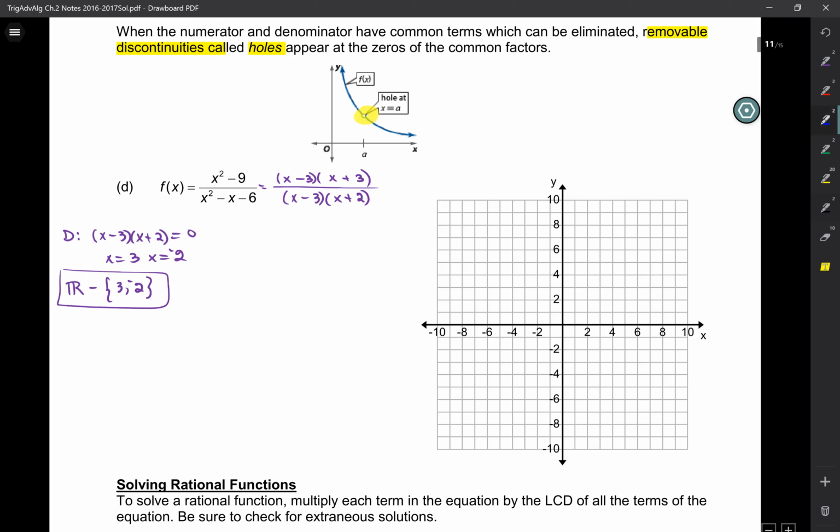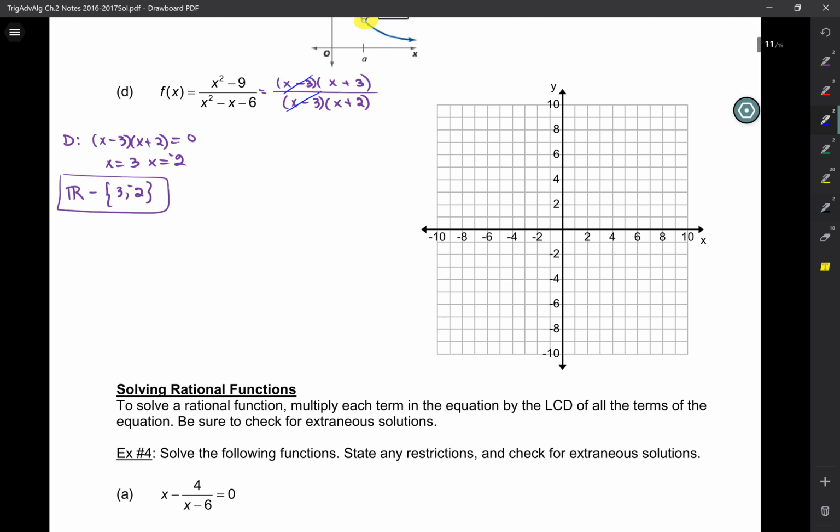However, there is a difference in this particular problem, and that is that when you go back to this reduced form, these cancel out. So now, there is still an issue at x minus 3. However, it canceled out. So what does that mean?